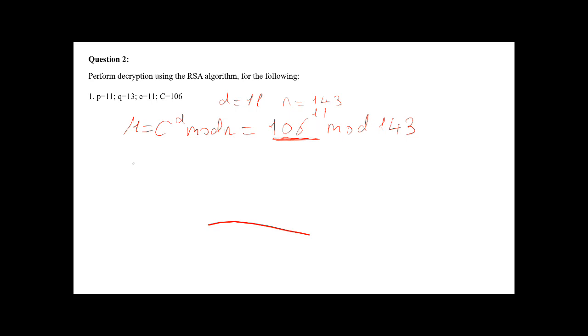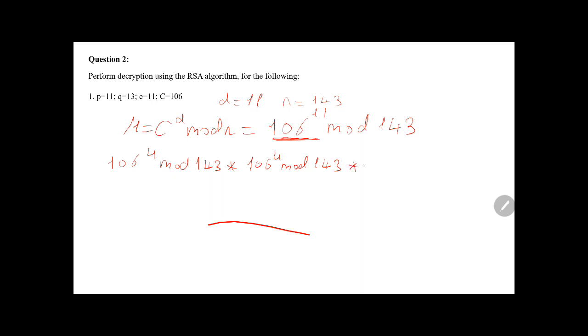So what I can do here is 106 power 4 modulus 143, and I will multiply this with 106 power 4 modulus 143. Now I've done 8 out of 11, so what I have left is 3.